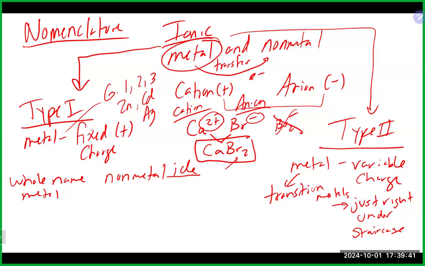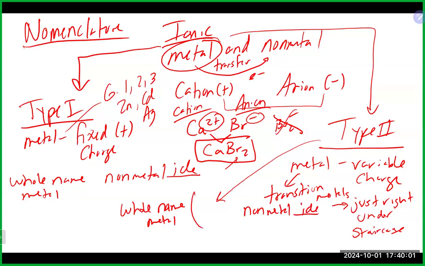So you basically have to tell the people when you're naming something what the charge is on the metal. The rest of the naming is pretty straightforward. Like type 1, you're still going to use the whole name of the metal. You're still going to use the non-metal at the end with the IDE. The additional thing that we do in the middle there is a Roman numeral. And remember that the Roman numeral is not how many of the metals you have, but it's the positive charge on your cation if you just took one of them out by itself.